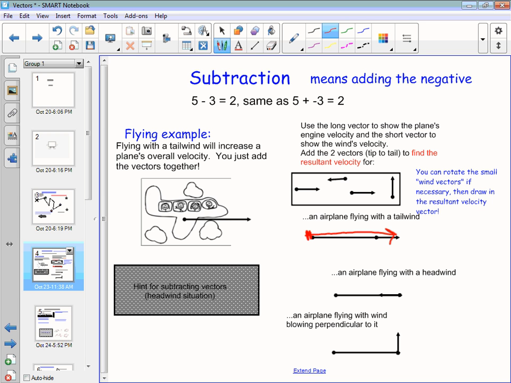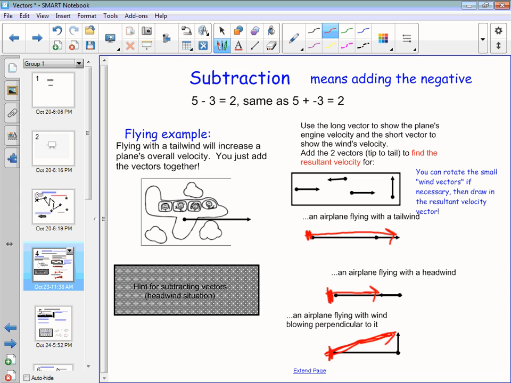Okay. The resultant here goes from the tail of the first to the tip of the last. And the resultant here goes like, oh, that's a terrible straight line there. There we are.